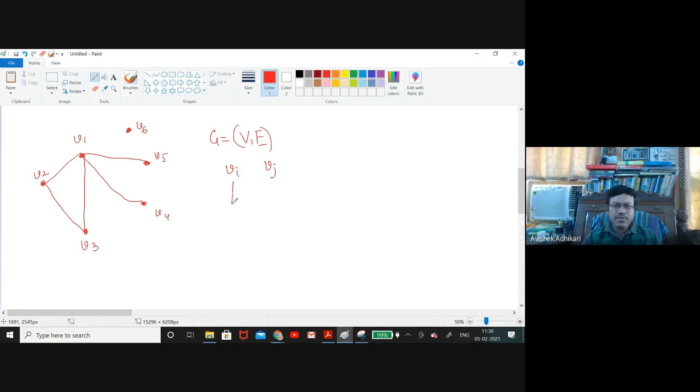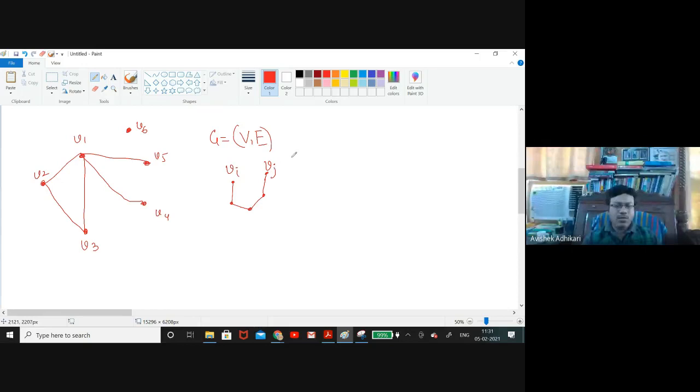The graph is said to be connected if you can find a path which starts from Vi and ends at Vj. So if there exists a path from Vi to Vj, then we call G a connected graph.